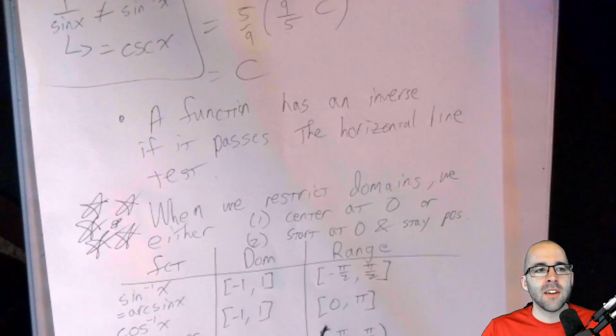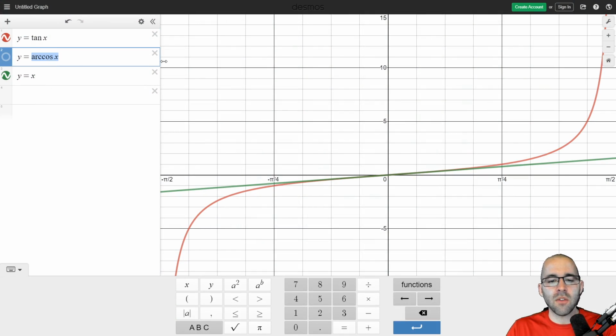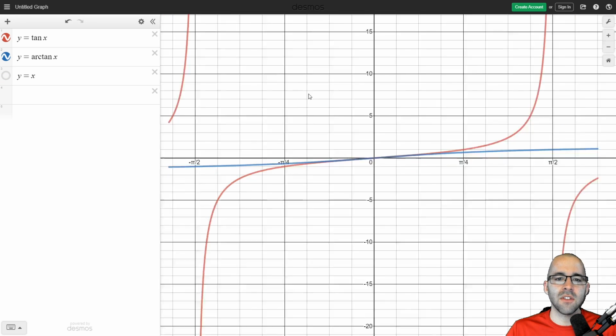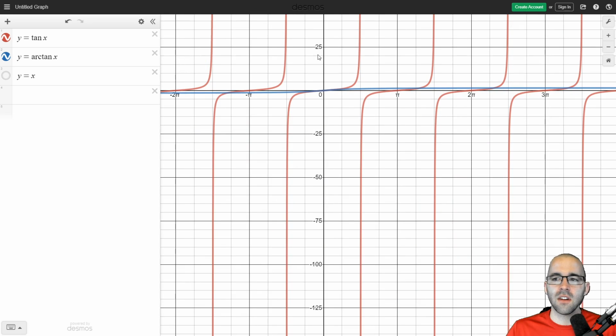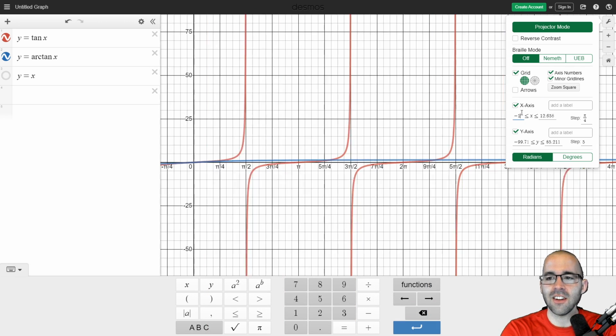Now, let's look at it. We have y equals arctangent of x. And we should have, hold on, let's change our grid.